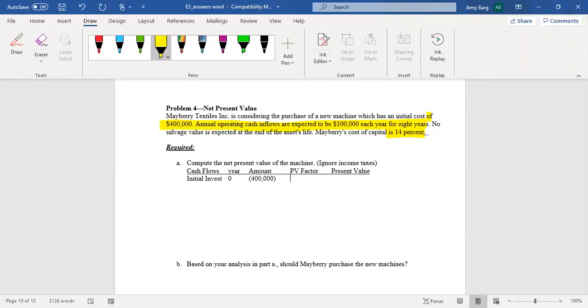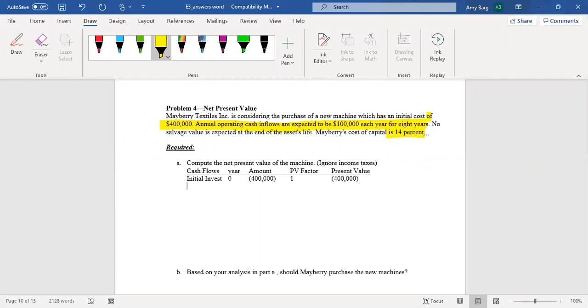The present value factor of right now is 1. So the present value of this initial investment of $400,000 is just $400,000. But now it also, I'm sorry? I just had a quick question. So every time you start at year 0, you just assume that the PV factor is just whole or 1?